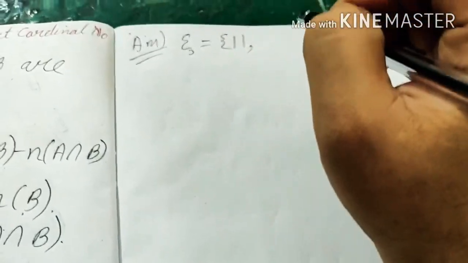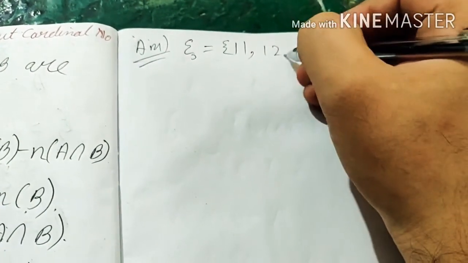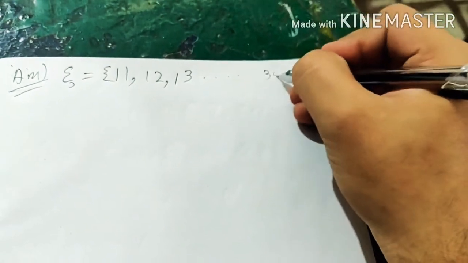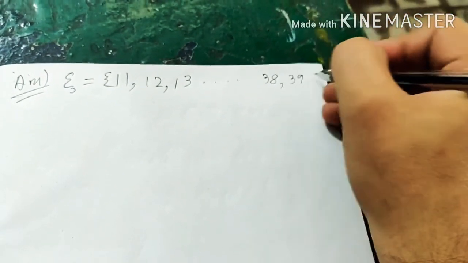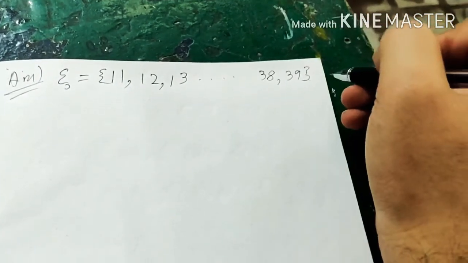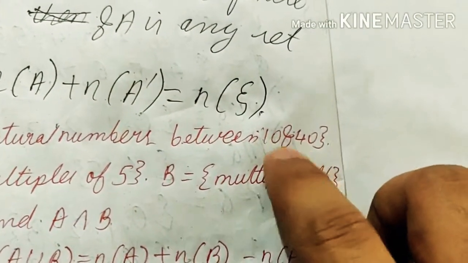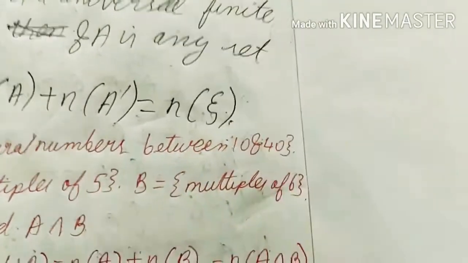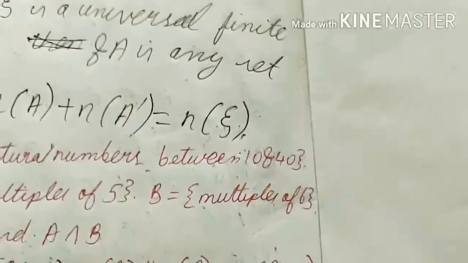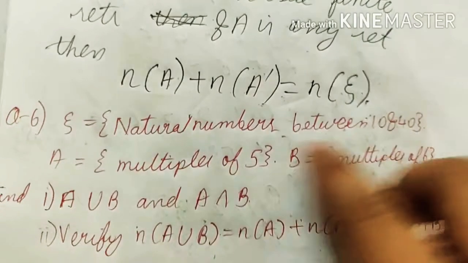Between means 10 is not to be included. 11, 12, 13 up to 38, 39 and finished. Why not 40? It was said between 10 and 40, so 10 and 40 are not to be included. 11 up to 39. So this is the universal set.